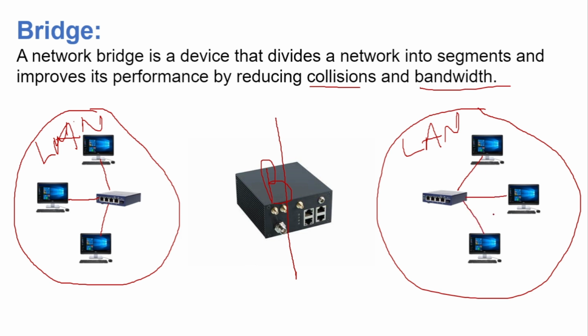Let's name this network A and network B. If any device from network A wants to communicate with network B, it will pass through the bridge. It does this by looking at the source MAC address and the destination MAC address of the devices. So a bridge is an intelligent device.